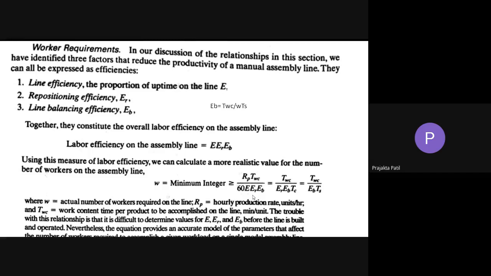The product of E into ER into EB is the worker efficiency. If the labor efficiency is more, say 100%, the number of workers required will be less because they are inversely proportional. If the labor efficiency is less, the number of workers required will be more.